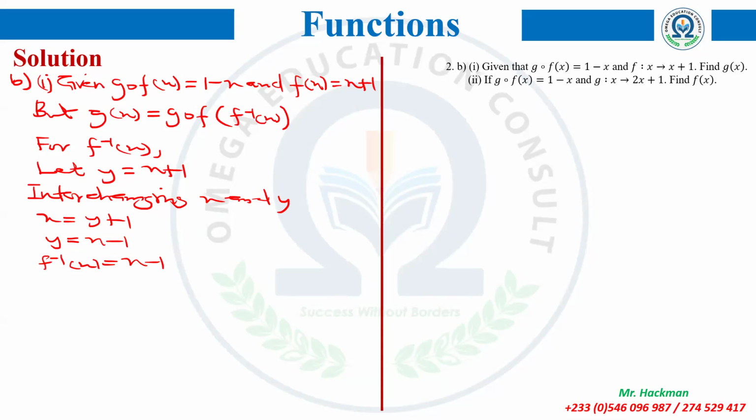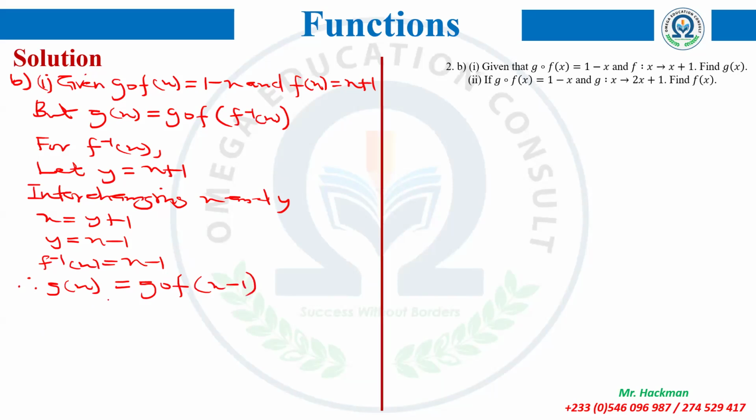Are we all fine? Yes, please. Great. Now at this point, we are going to substitute this into the composite function. So this will be equal to g of f fed with the inverse function, x minus 1.